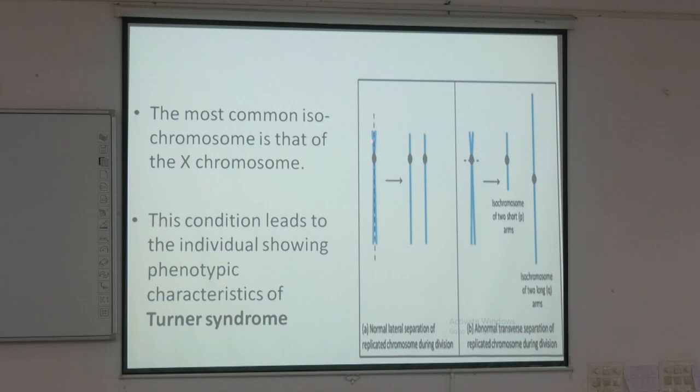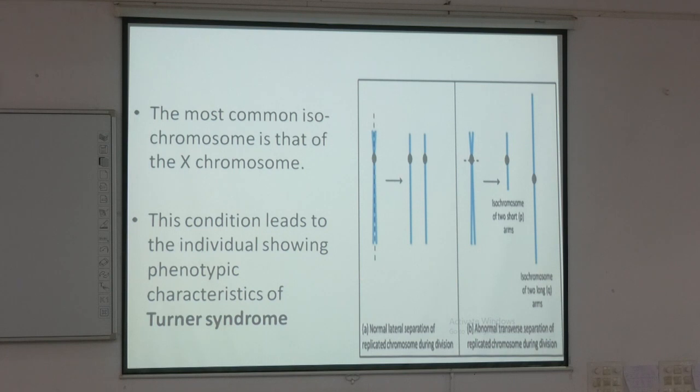This one is a small arm, this one is a long arm, and eventually after the separation we get two chromosomes of more or less the same size, each with a P arm and a Q arm, like this. So one arm short, one arm long, separated like this.